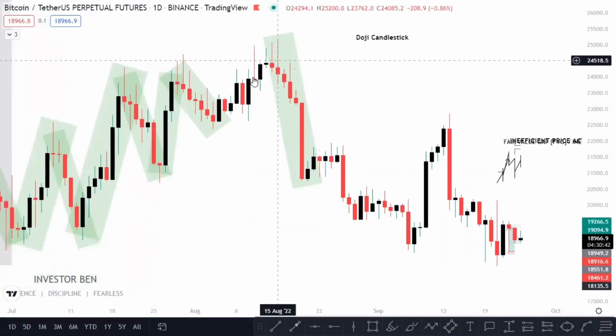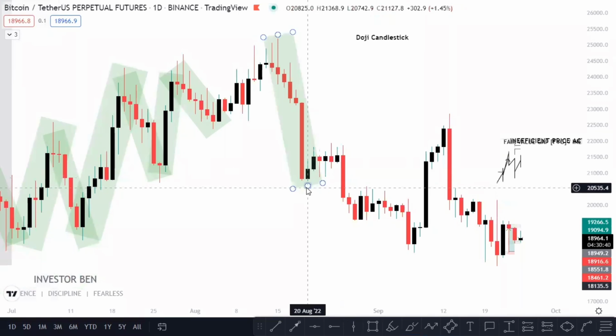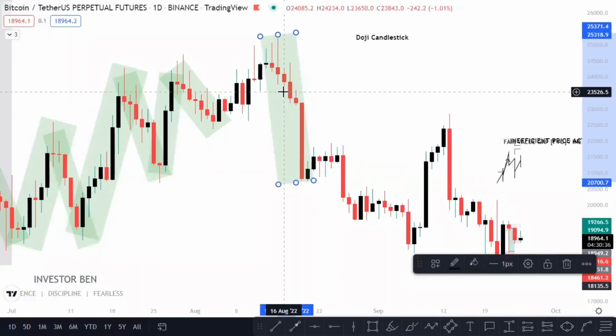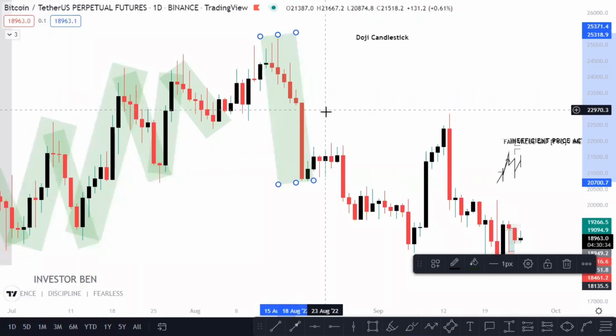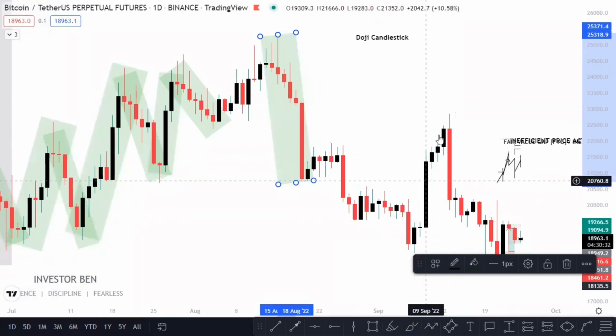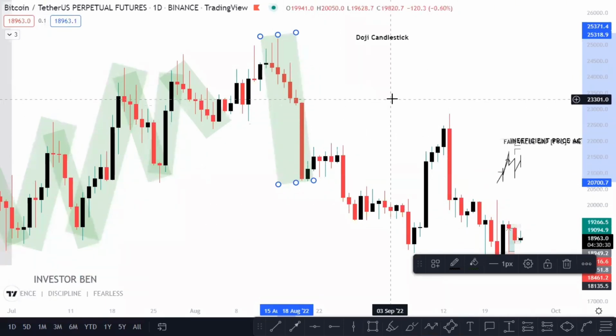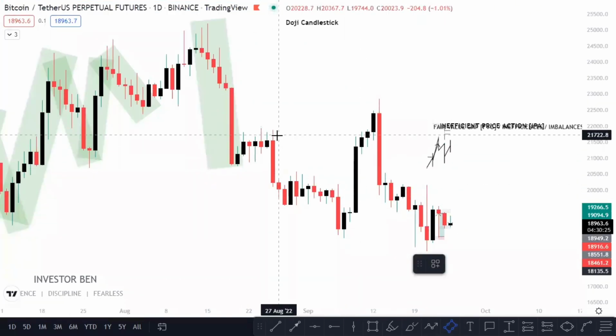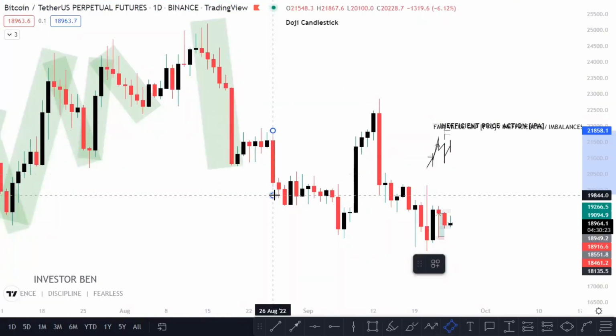Yeah, so these are inefficiency moves, right? Price inefficiency moves. And we keep seeing price covering them, or price will come back and cover this move, almost 70% of them. Look at where price came back, covering them almost 70%. And we had the same movements, right? Just daily time frame analysis covered the whole of 30 minutes.